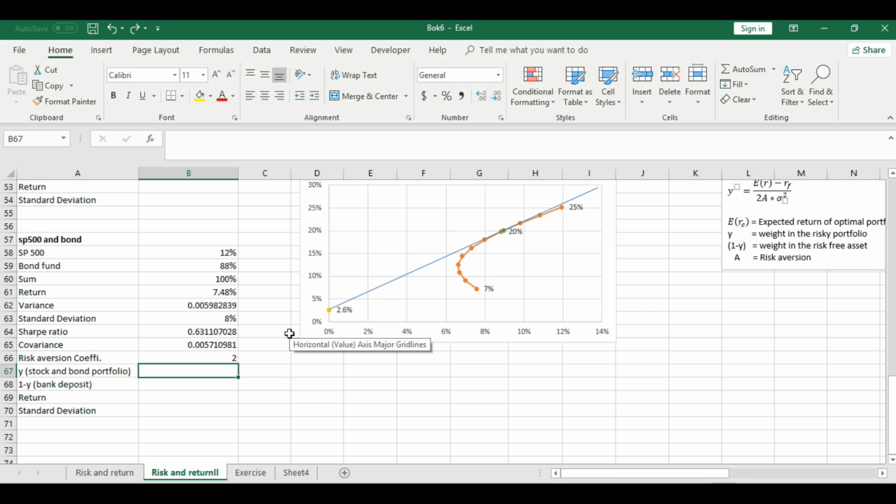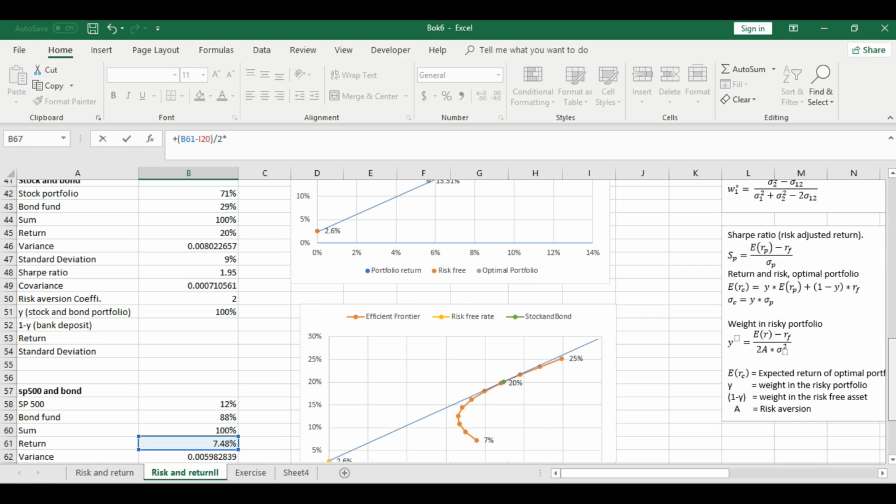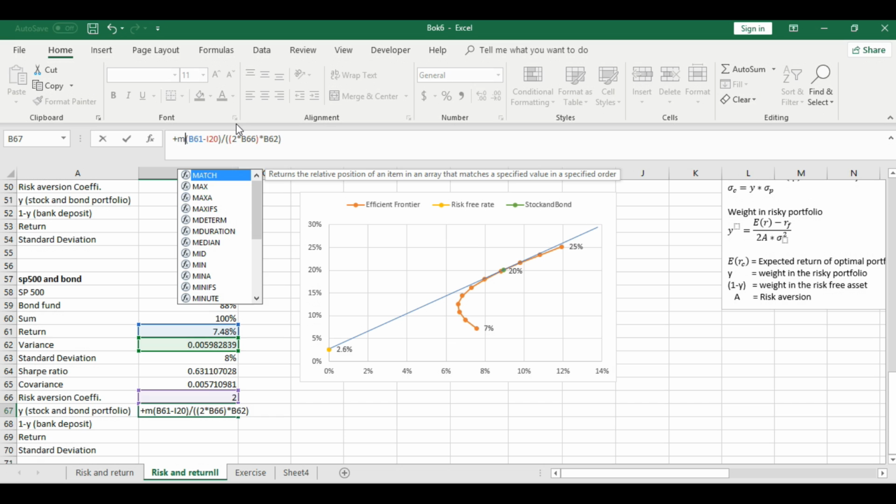So you just take the expected return here minus the risk-free rate, divide by 2, multiply by the risk aversion coefficient, 2, multiply by the variance of the portfolio, set brackets here, there, and there. Also set a constraint so that the proportion doesn't exceed 100%.